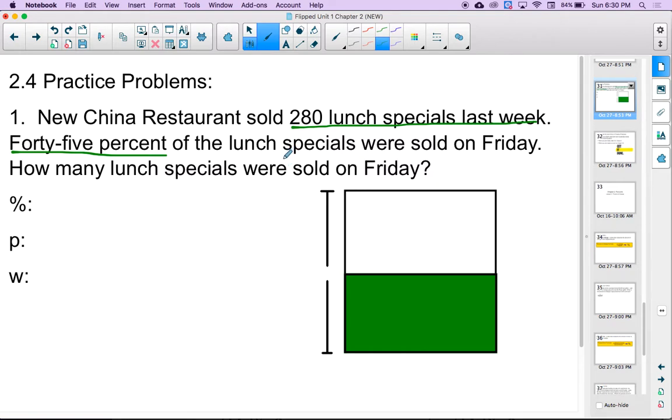So this time, let's try to start with our diagram. 280 lunch specials last week. That was all the lunch specials they sold. 280. So that's the whole. We know that 45% of those lunch specials were sold on Friday.